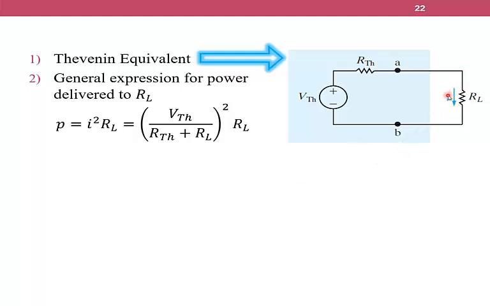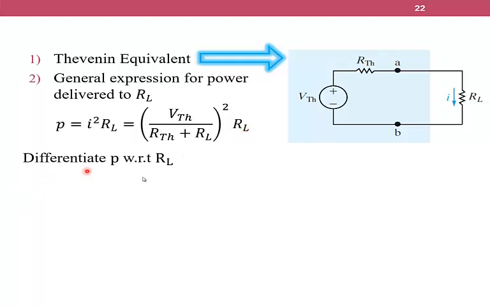To calculate I here, we are going to use the current divider rule. I equal V Thevenin multiplied by R Thevenin over R Thevenin plus RL. So we are going to replace I in this equation and put it squared and multiply it with R load.